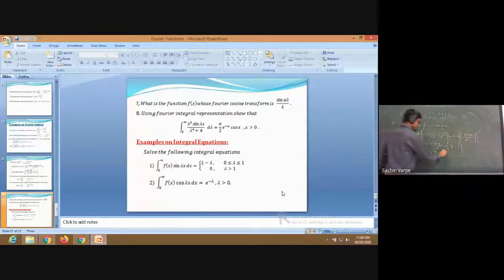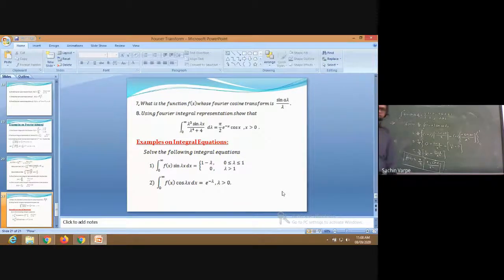So the required f(x) is 2 by pi, by taking the LCM, (x minus sine x) upon x square, and that is our required function f(x). So always remember the solution of an integral equation will be the value of f(x). Lambda is not there anywhere. So this is how we can solve the integral equation. That is very easy.